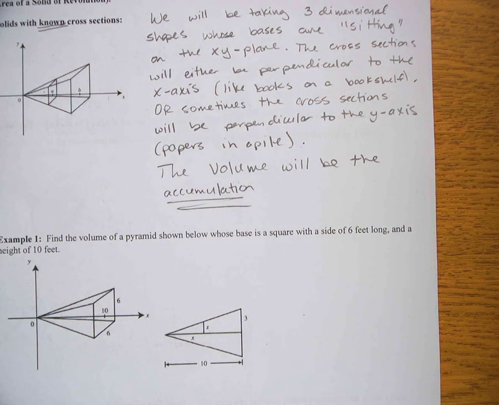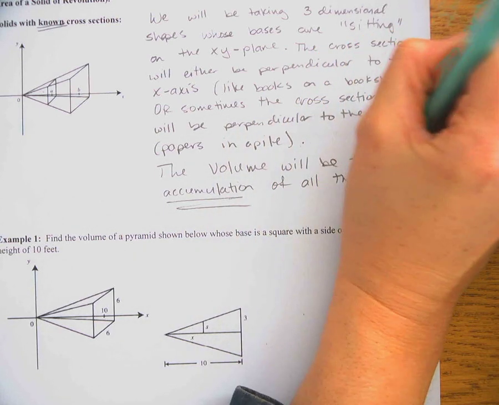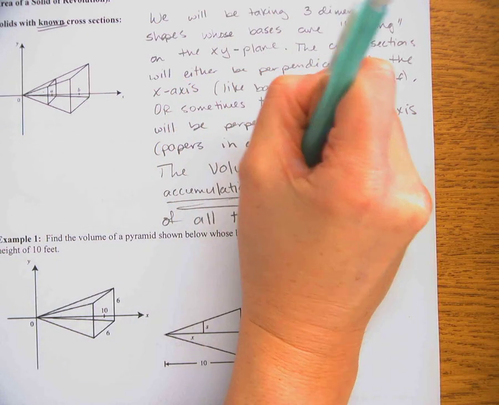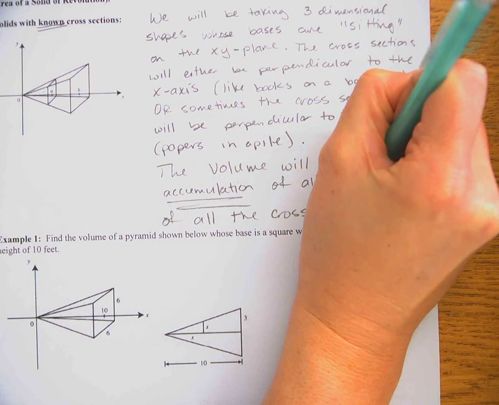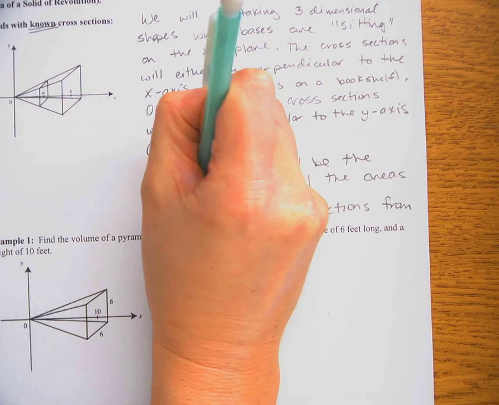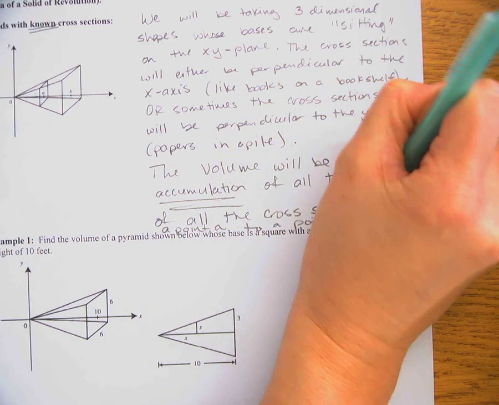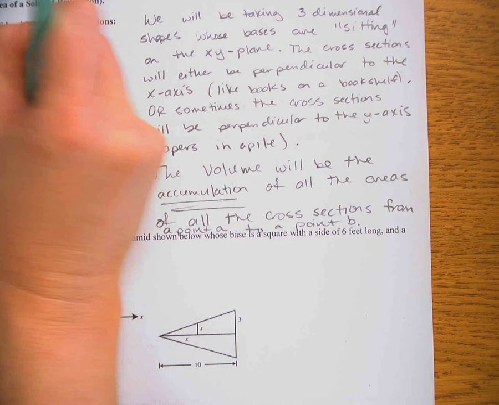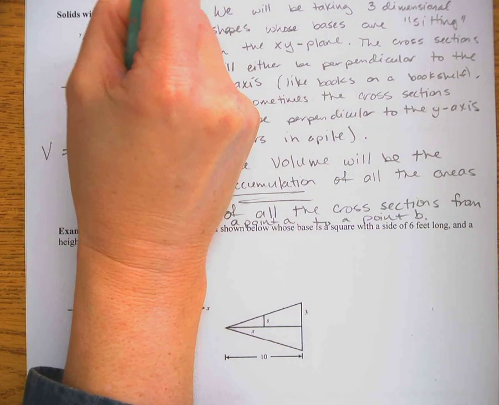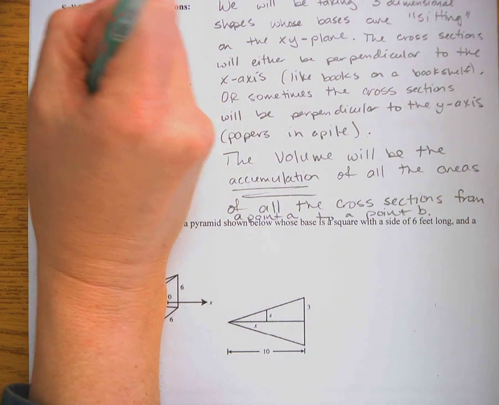The accumulation of all the areas of all the cross sections from a point A to a point B. So the volume will equal the integral from a point A to a point B of all the areas of all the cross sections.